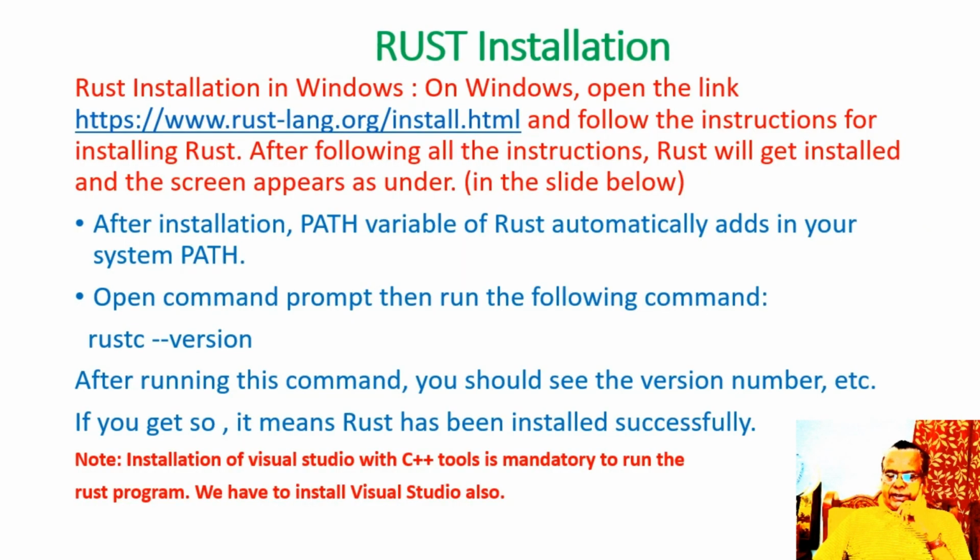Rust installation in Windows. We are installing the Rust software on Windows. On Windows, open the link https://www.rust-lang.org/install.html and follow the instructions for installing Rust.